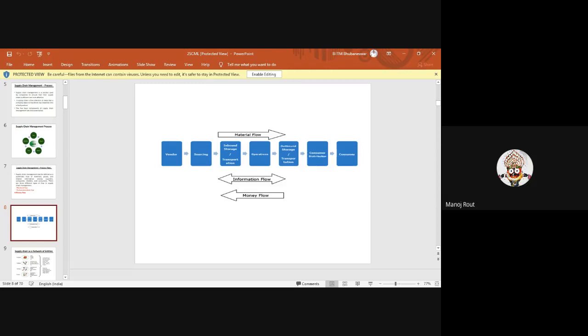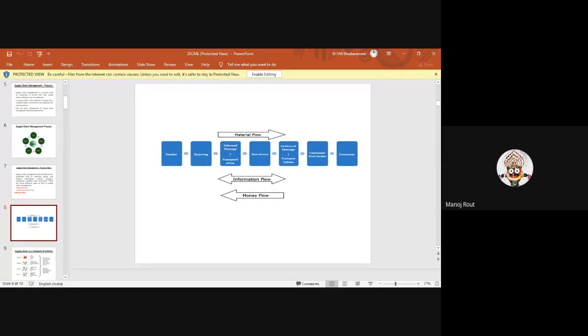As far as material flow is concerned, the material starts from vendor, the vendor to sourcing, sourcing to inbound, inbound to operation, operation to outbound storage, then consumer distribution center, and lastly it reaches the end users. Similarly, the information flows starting from vendor to consumer, and vice versa.